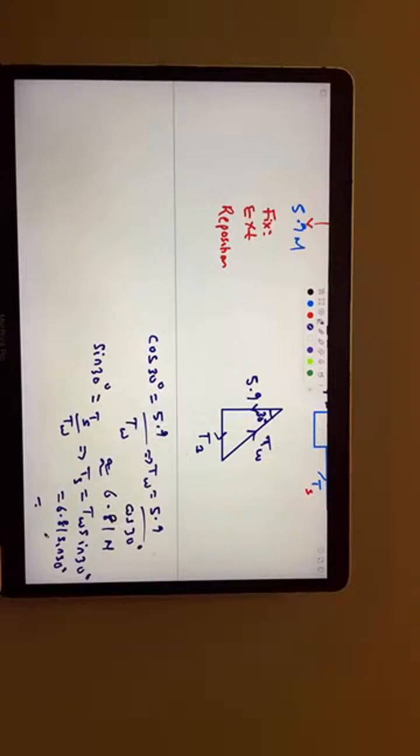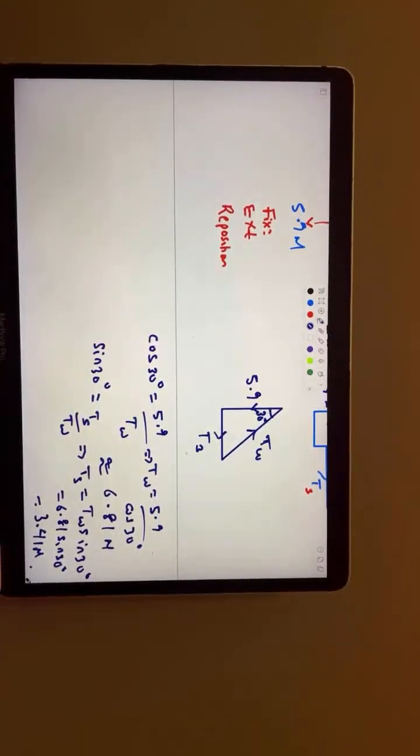So that's 3.41. The question says we should find the tension in the string and in the wire. So TS is 3.41 and TW is 6.81. So the correct answer is A. Yeah, A. Okay, I'm moving on now.